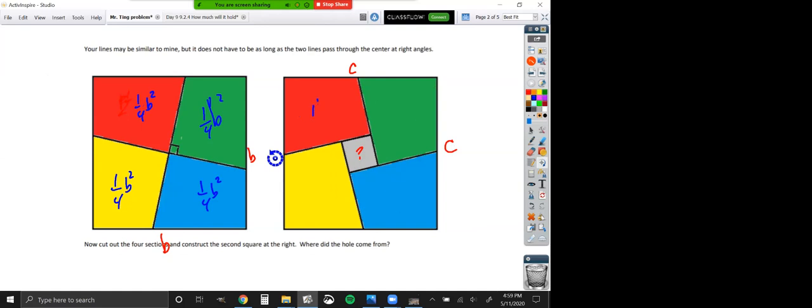So here's my 1/4 of B squared, 1/4 of B squared, 1/4 of B squared, and 1/4 of B squared. So I know right now that the value for the missing part must be whatever's left over from C squared.